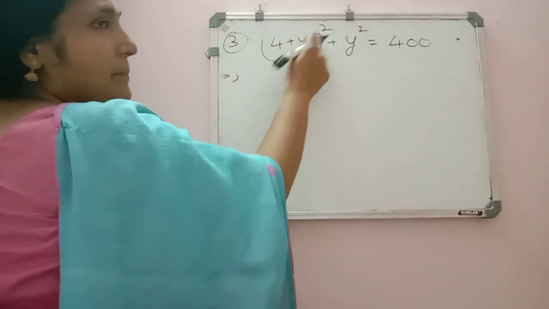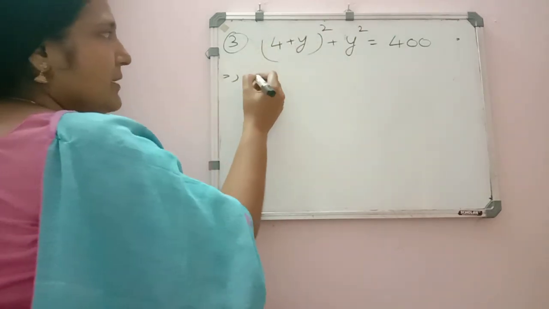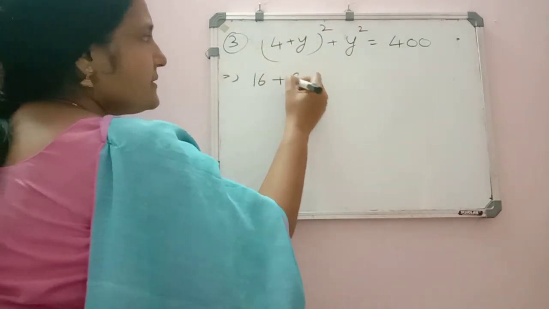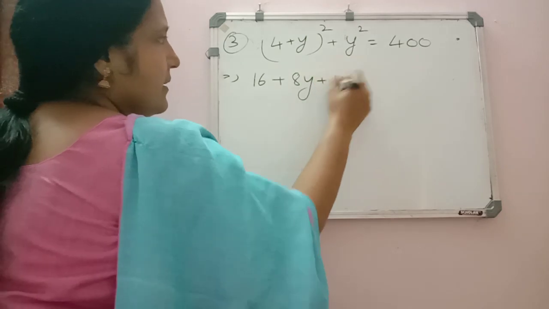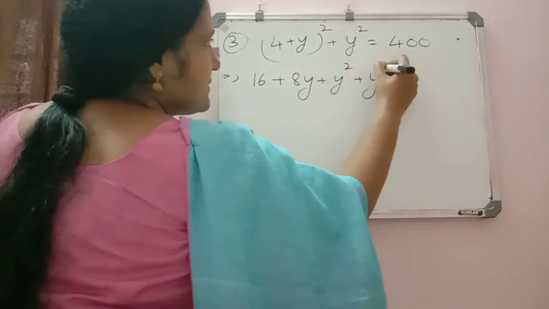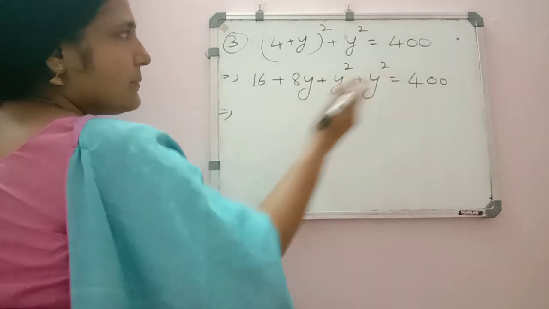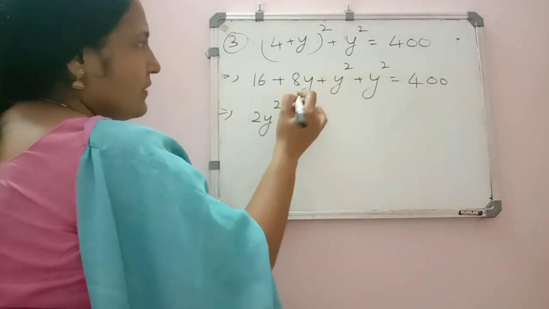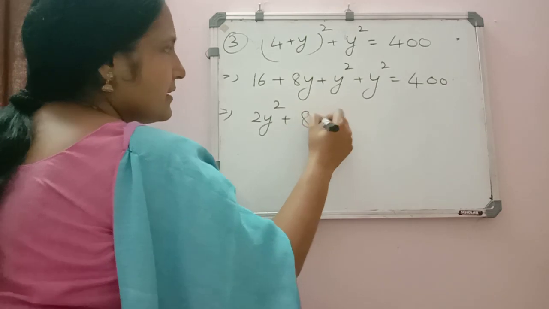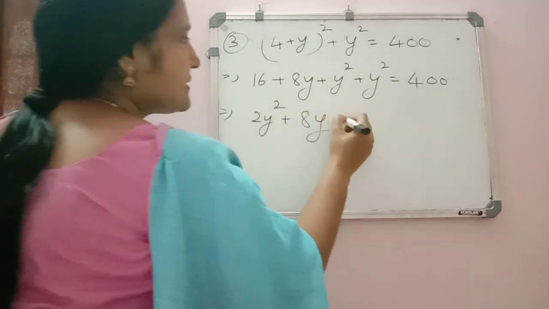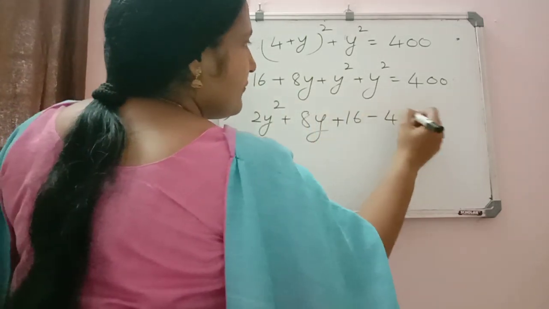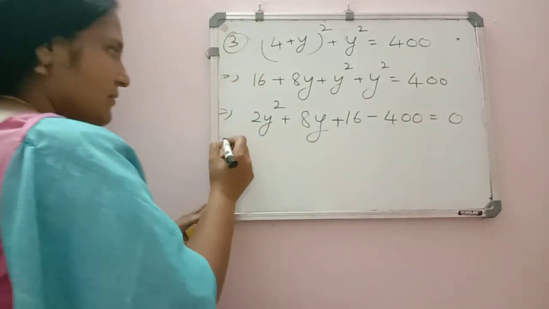Use the identity a plus b the whole square. So it will be 16 plus 8y plus y square is equal to 400. So y square plus y square will be 2y square plus 8y, then plus 16 minus 400 is equal to 0.